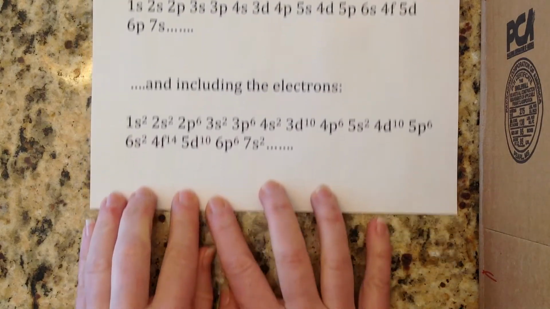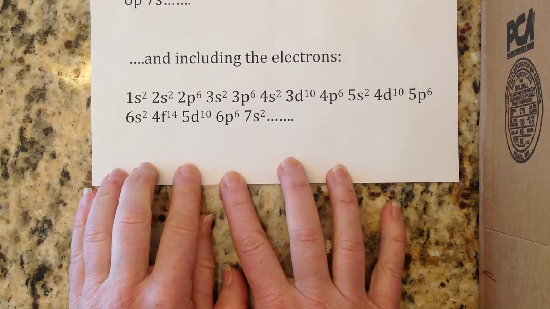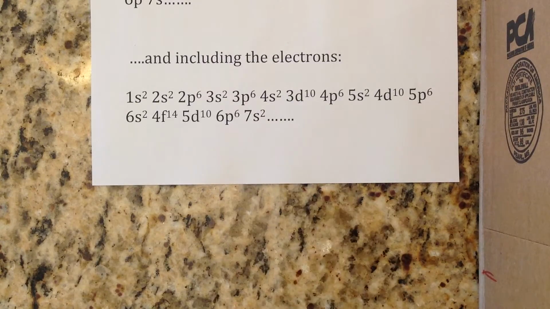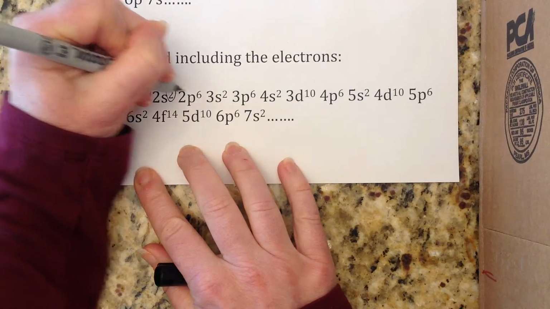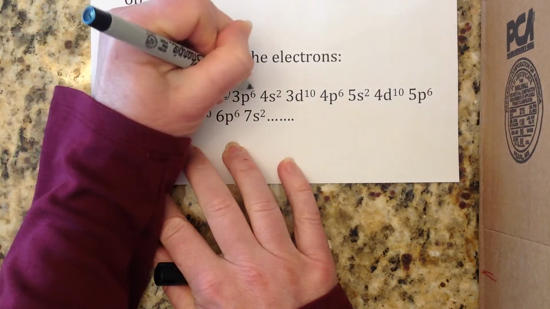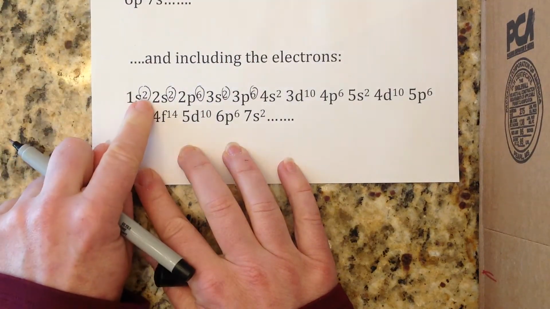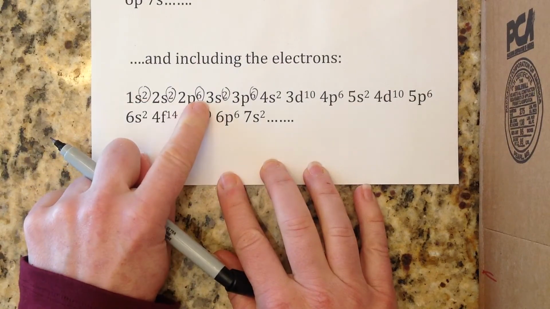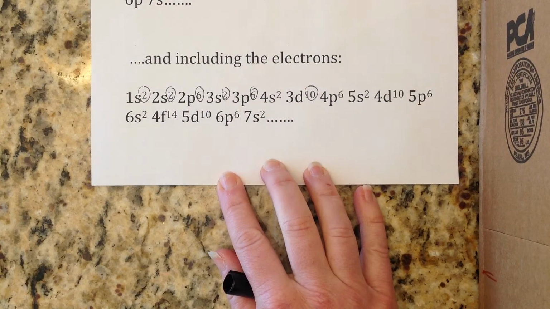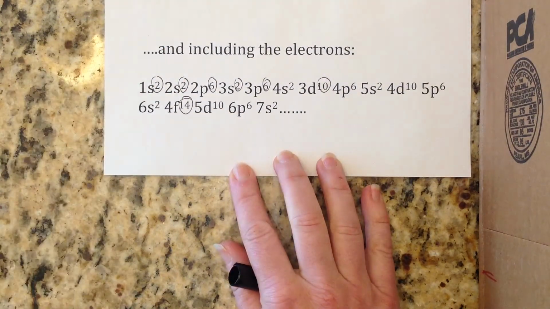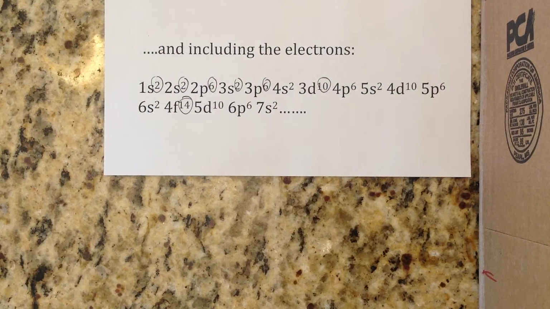Now, we can get a little more detailed, and we can actually include the number of electrons in this. And number of electrons, we're talking about these numbers right here. And again, you see that S has a maximum of 2, P has a maximum of 6, D will have a maximum of 10, and I've even got F represented here. It's got a maximum of 14.